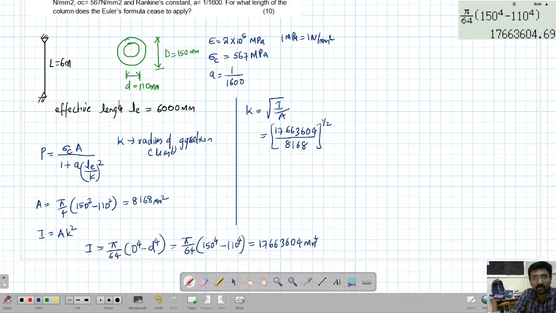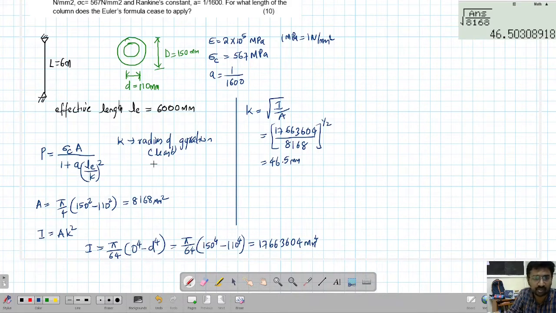So let's do this. What we have to find is under root of answer divided by 8168. It is 46.5 mm, so the unit of K will be mm. So 46.5 mm is the radius of gyration.